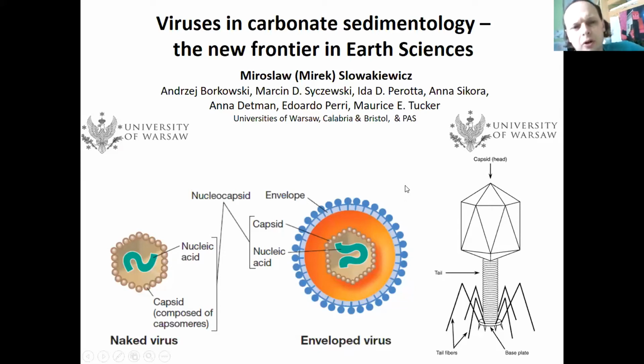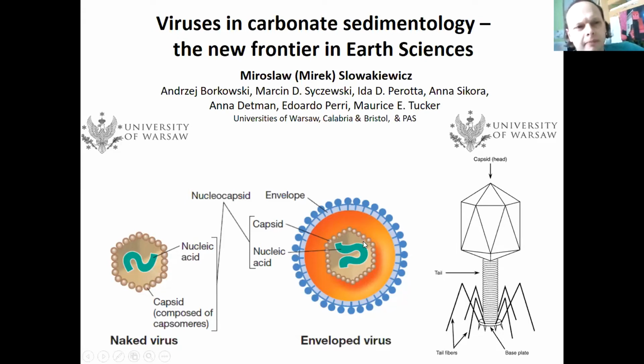In this case, enveloped viruses are pretty common in animals, but also eukaryotes. Apart from this membrane, you see this interesting shape, which biologists call the capsid, which simply contains genetic material.